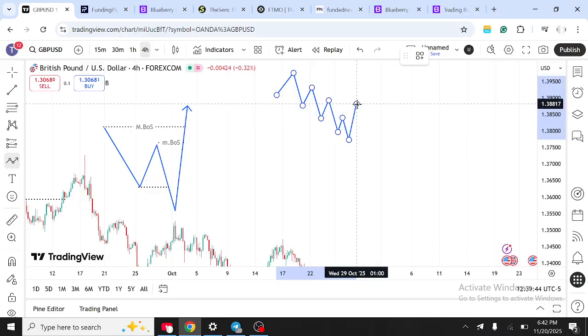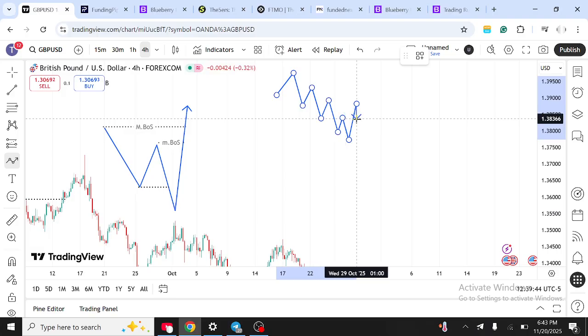Now some traders will mark this region as their change of character. But it is not a change of character. It is a sweep of liquidity, because you don't confirm that a trend has changed just by the market taking out the previous high or the previous low.